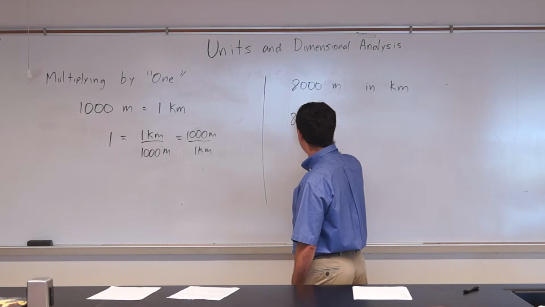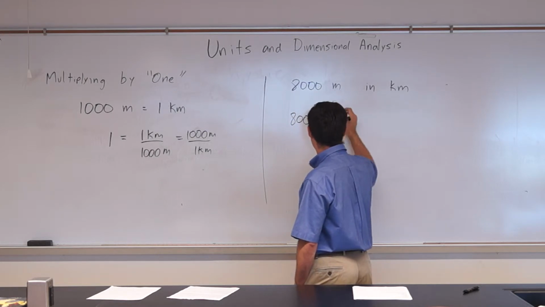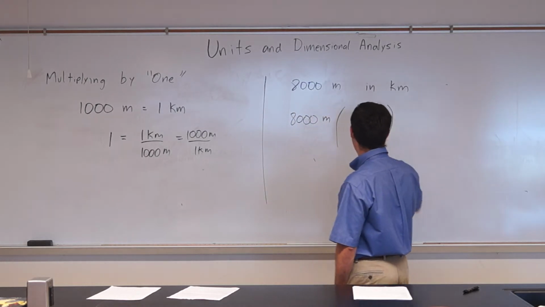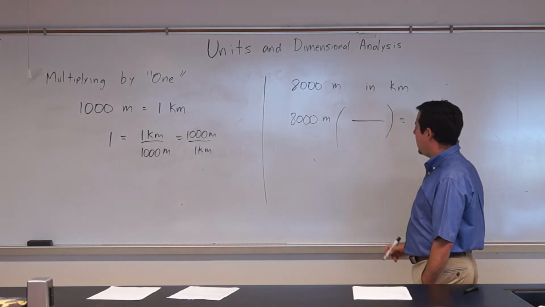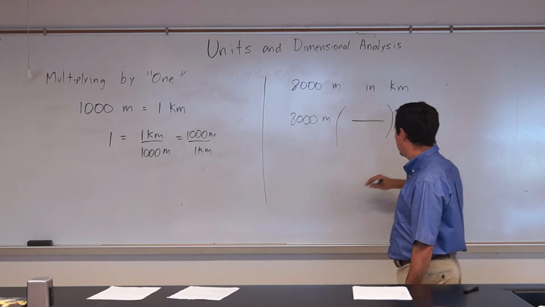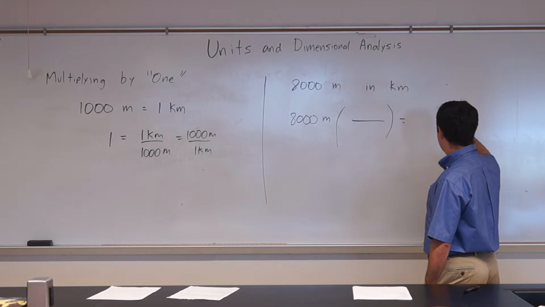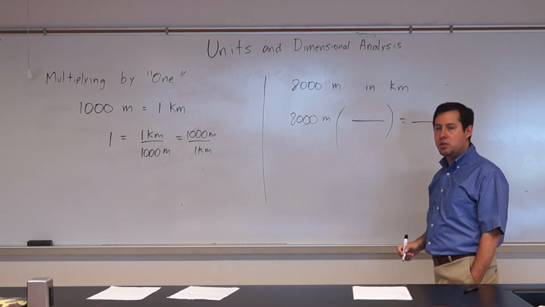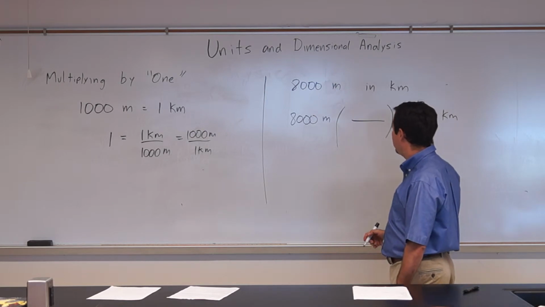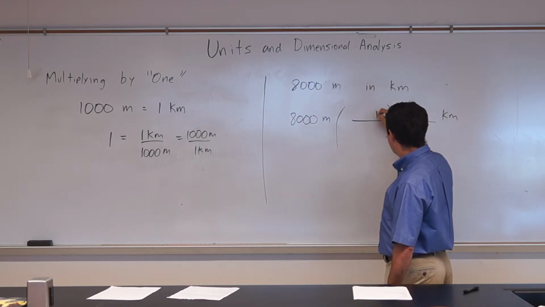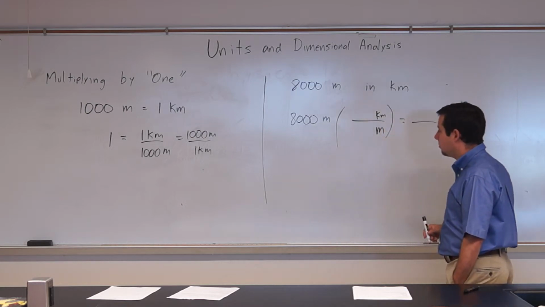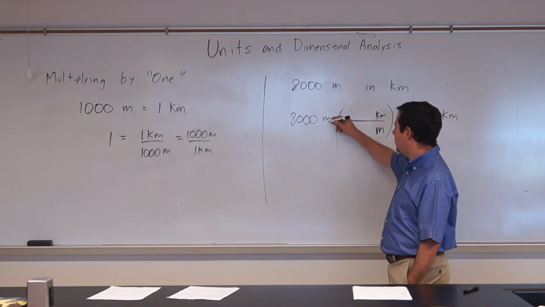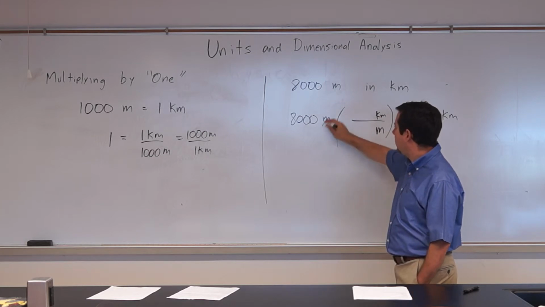So 8,000 meters, and we want to multiply it by a fraction that gives us an answer in kilometers. In order to do that, that fraction has got to have kilometers on the top and meters on the bottom. Because when you have meters on the bottom, this will cancel out that.